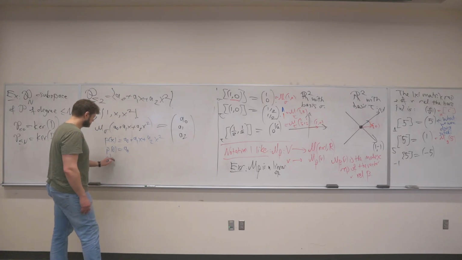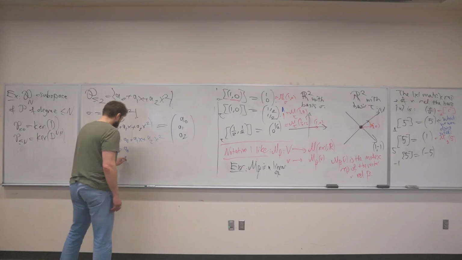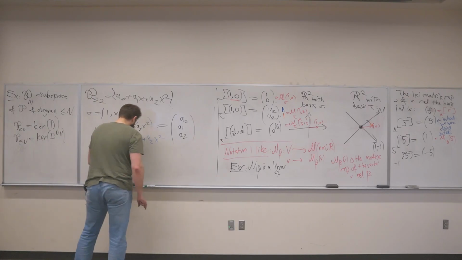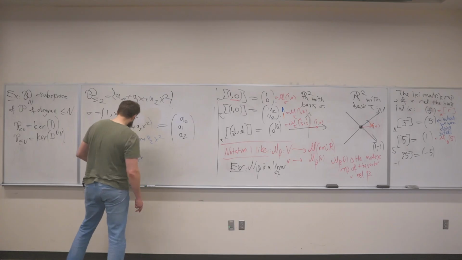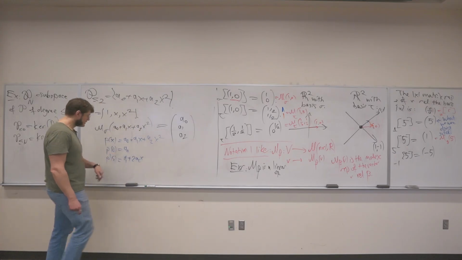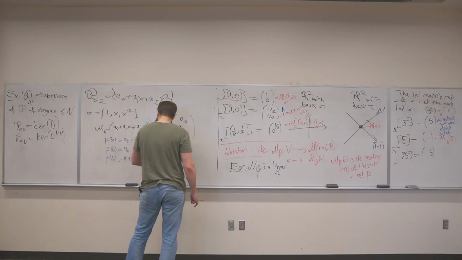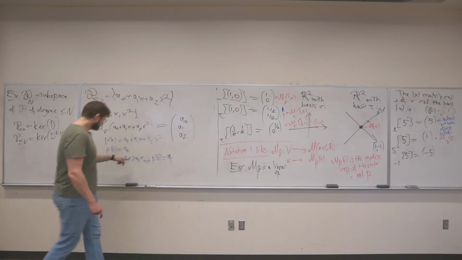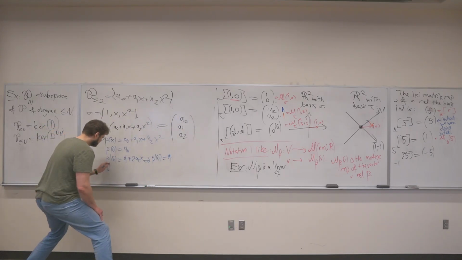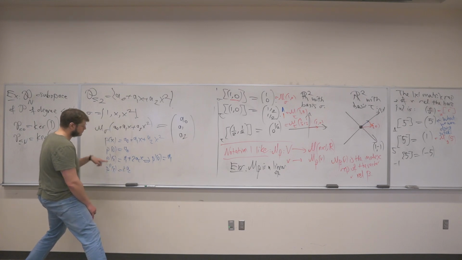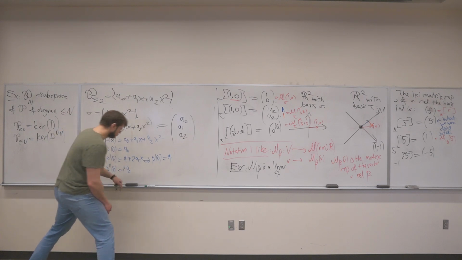Differentiate: a1 plus 2a2x, which means P prime of 0 is a1. Differentiate again, P double prime is 2a2, which means P double prime at 0 is twice a2.